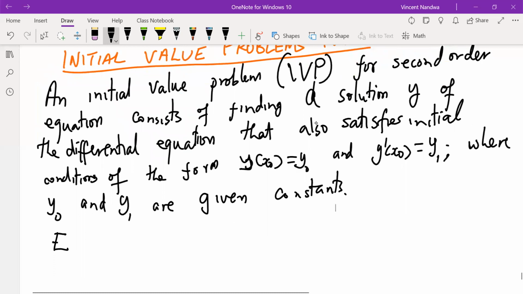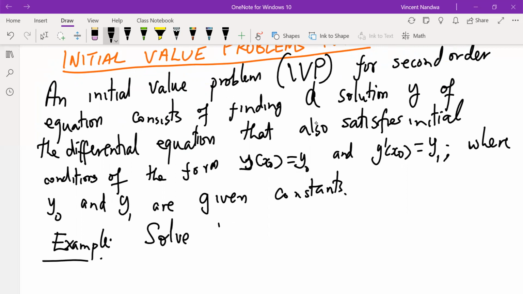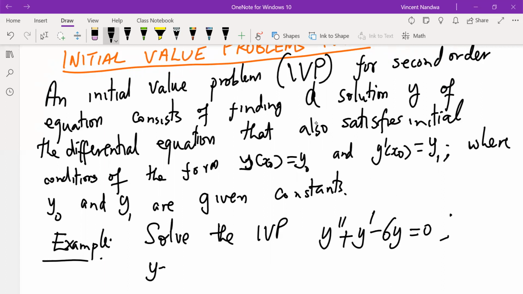So, example, solve the initial value problem, so y at 0 is 1 and y prime at 0 is 0.